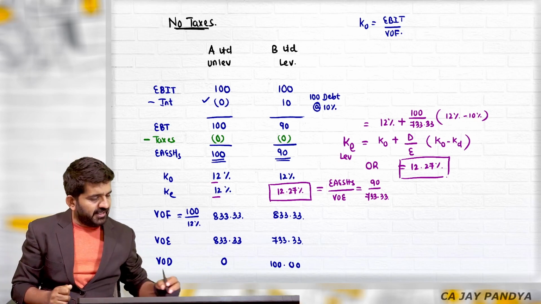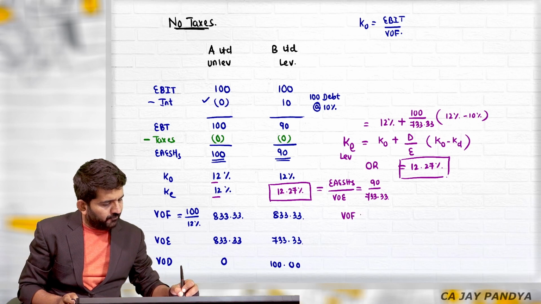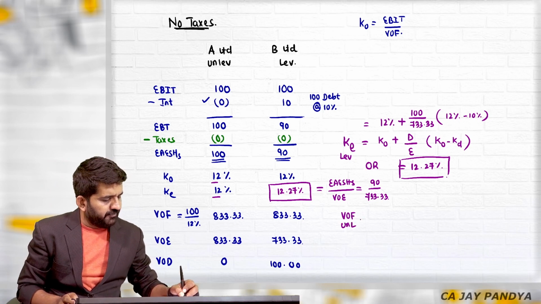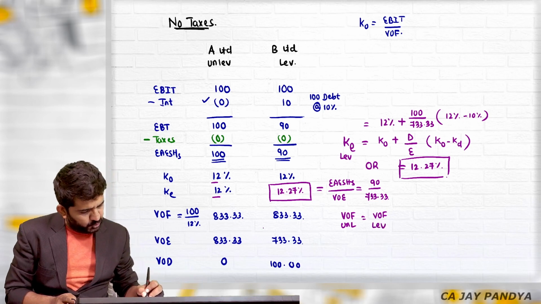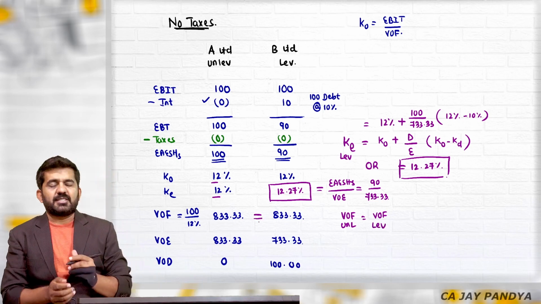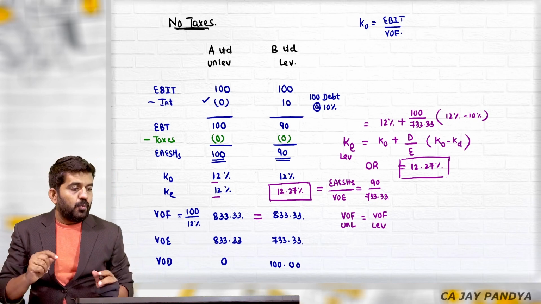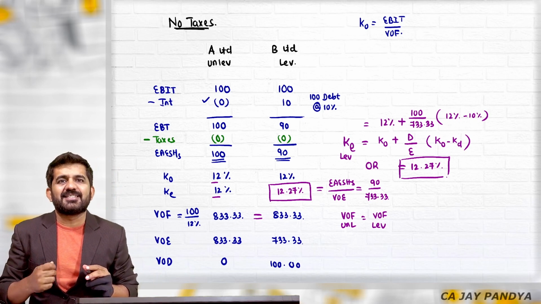Also, what Modigliani Miller says, value of firm unlevered is equal to value of firm levered. So only we have taken this answer as same. When there are no taxes, answers are easy.